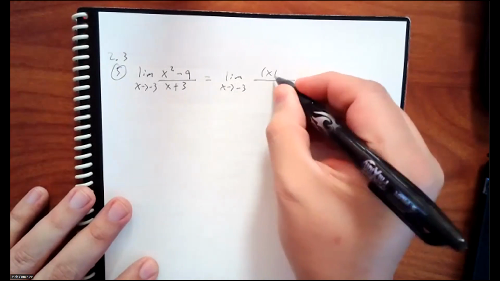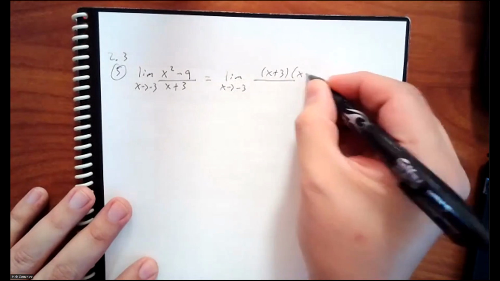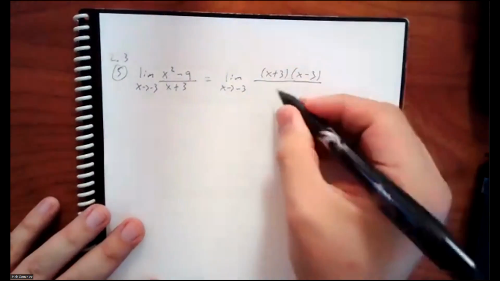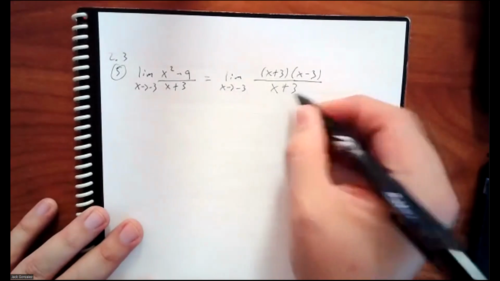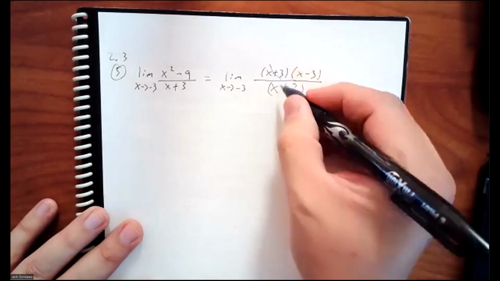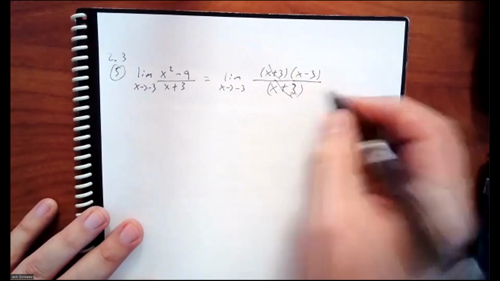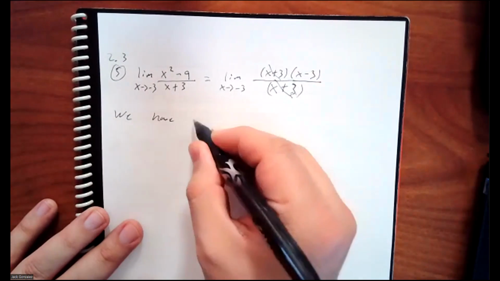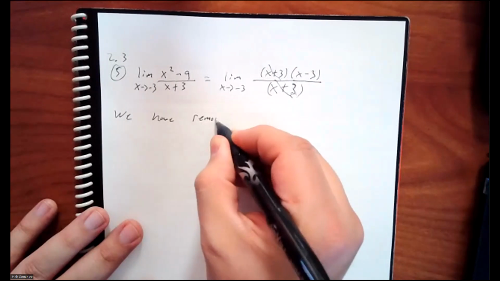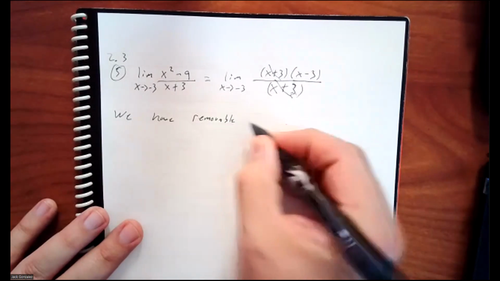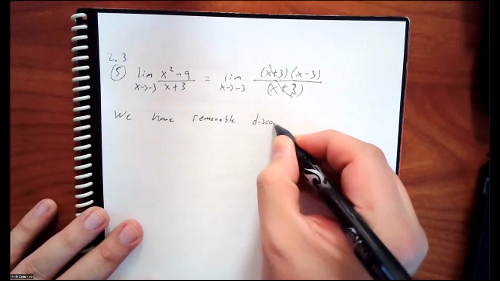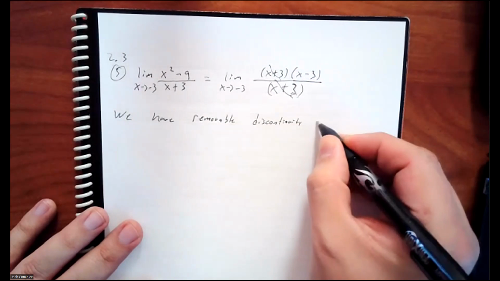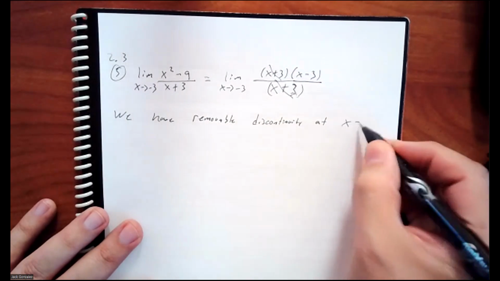We get x plus 3, x minus 3 using the difference of squares, right? So that's going to cancel this guy. Because it cancels, we have a removable discontinuity at x equals -3.